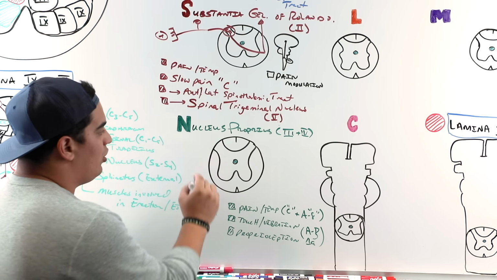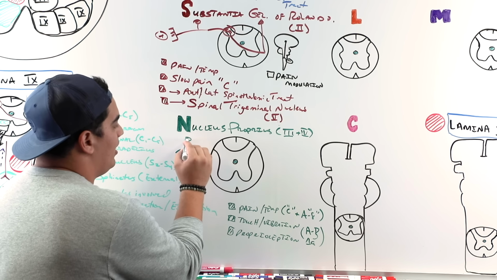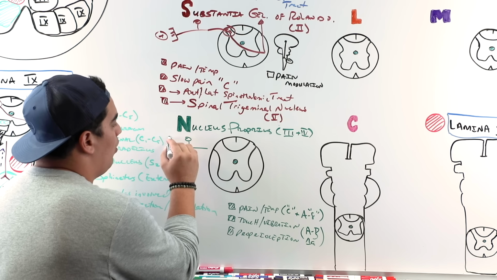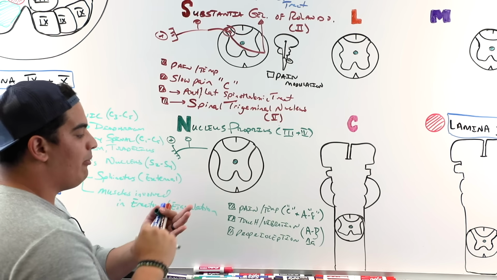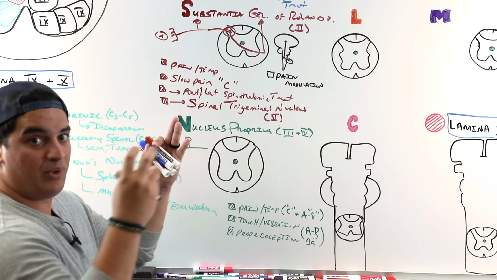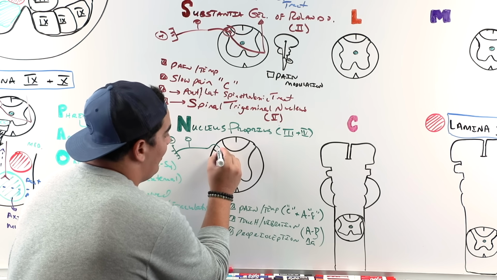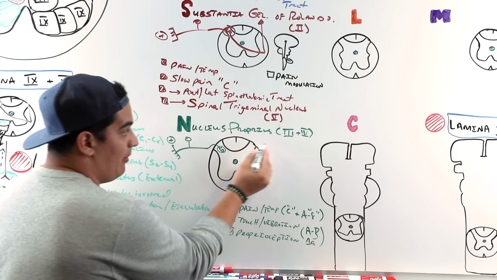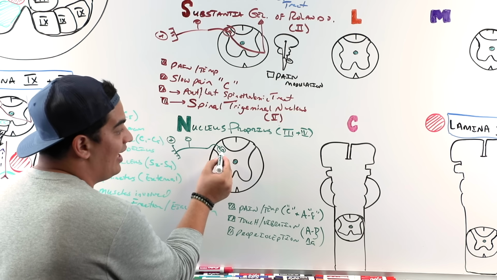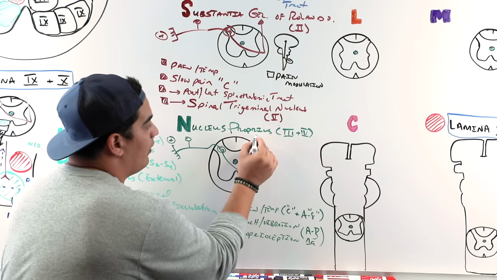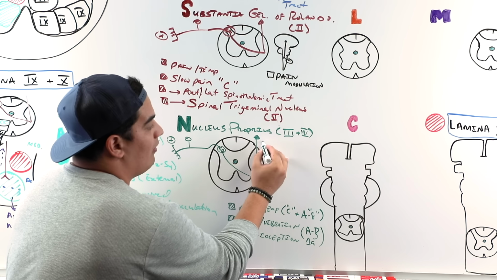The big thing I want you to know about this one is the same concept. Here you have a stimulus, whether that be a touch, vibration, position sense with your proprioceptors, or pain and temperature. These guys can send information onto the cell bodies in laminas 3-4 of the nucleus proprius. And what will it do? Cross this over and go up as a part of what?